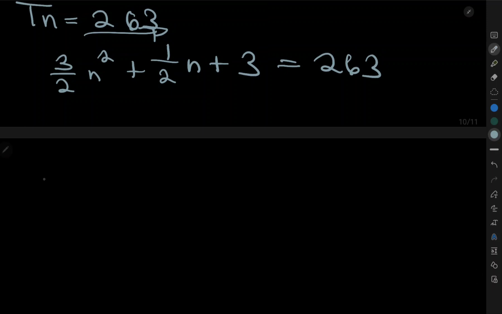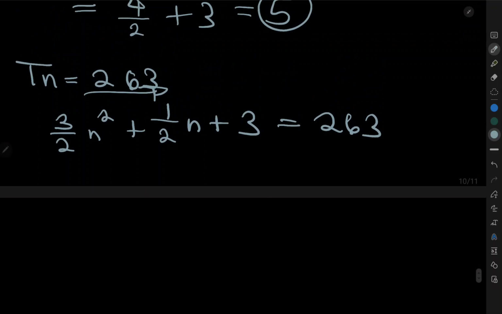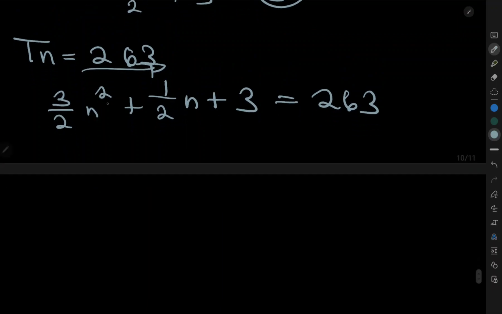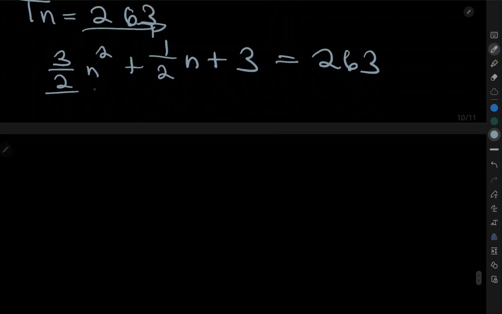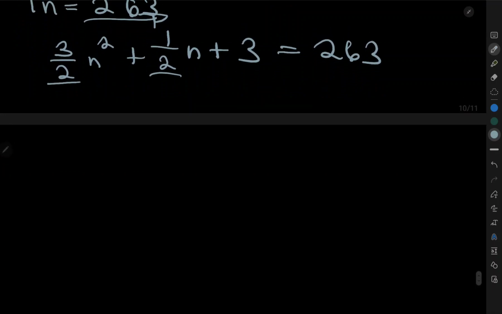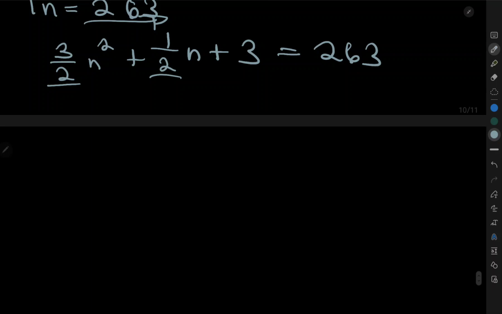In this type of situation, I really don't like working with fractions. So to solve that, I'm just going to multiply every single term by 2, by the denominator, to simplify everything. But before I do that, I'm going to transpose this 263 to the other side, right?